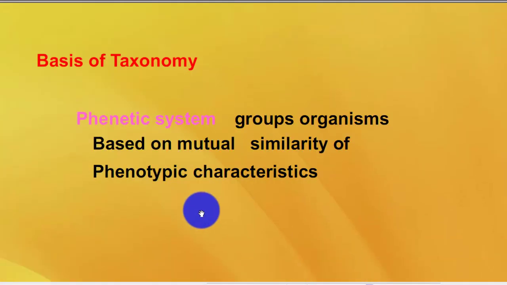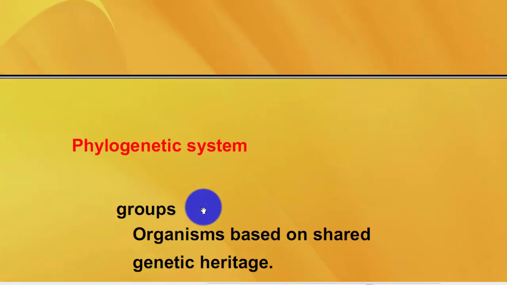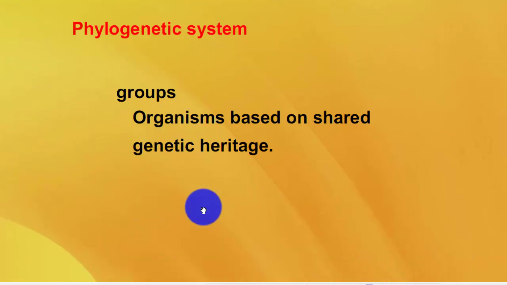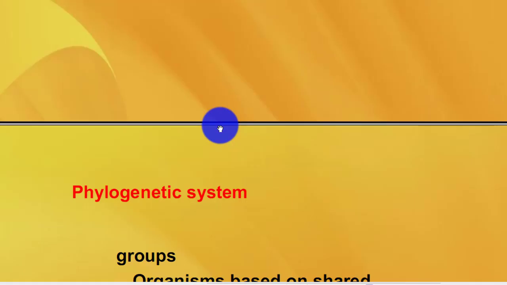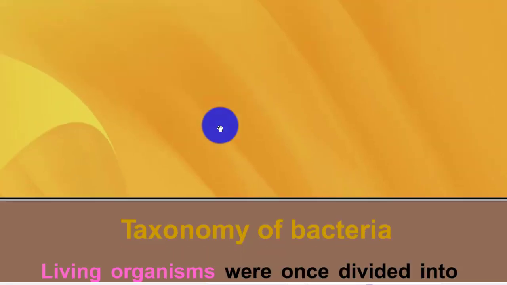Basis of taxonomy: the phenetic system groups organisms based on mutual similarity of phenotypic characteristics. The phylogenetic system groups organisms based on shared genetic heritage. Two methods: the shape of the microorganism and the genetics of the microorganism, and we will detail it.